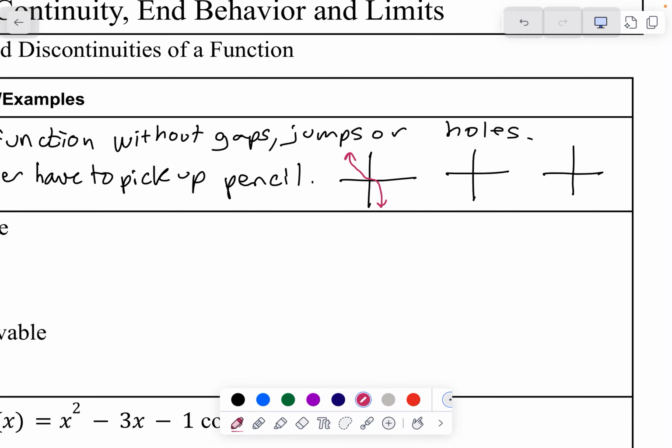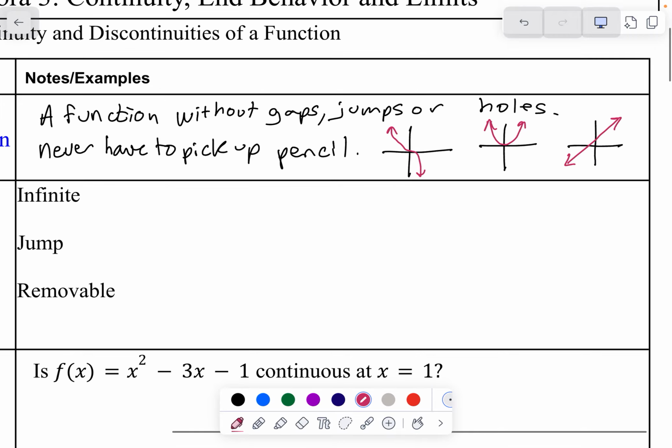You see that once you start drawing it, you never have to lift your pencil. A quadratic function. Once you start drawing it, you never have to lift your pencil. A linear function. Once you start drawing it, you never have to lift your pencil ever again. So that's just a really good way to think about it. Those are examples of continuous functions.